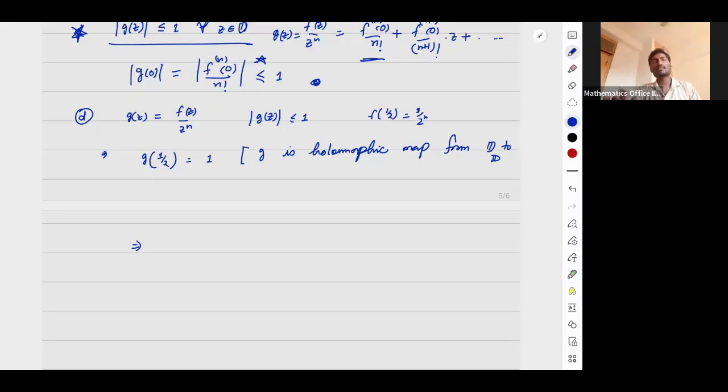And in this case, it is not open around 1/2. If we take an open disk, it doesn't go to an open disk, right? Because 1/2 is going to 1, which lies on the boundary, and there is no open disk at the boundary. So the open mapping theorem or maximum modulus.